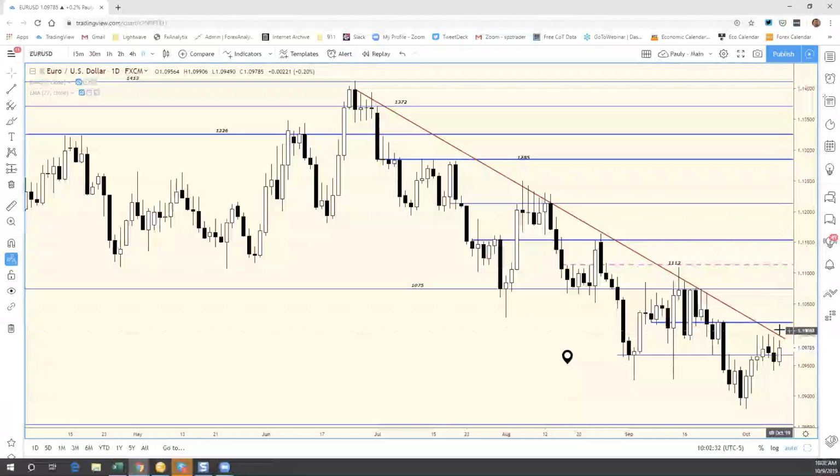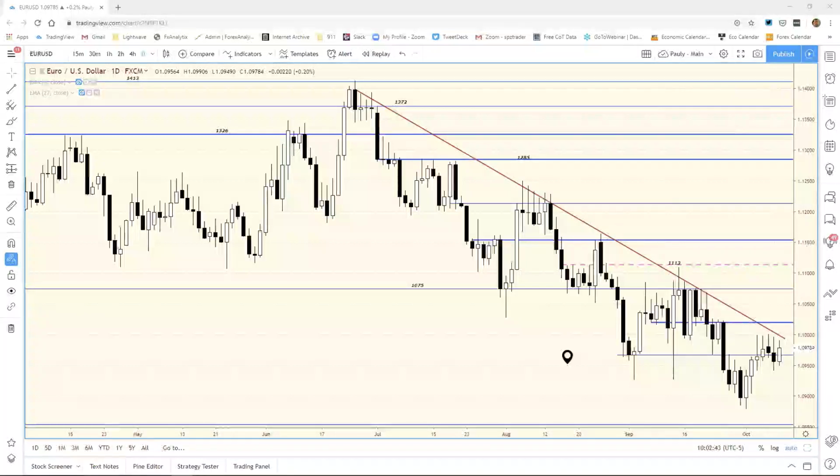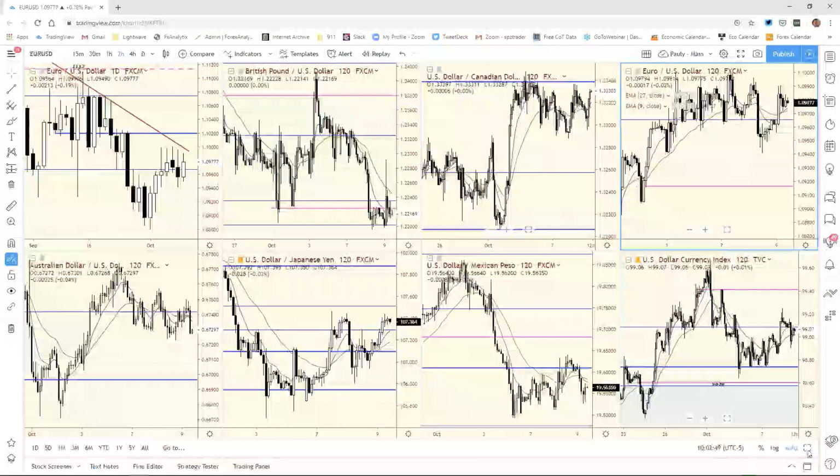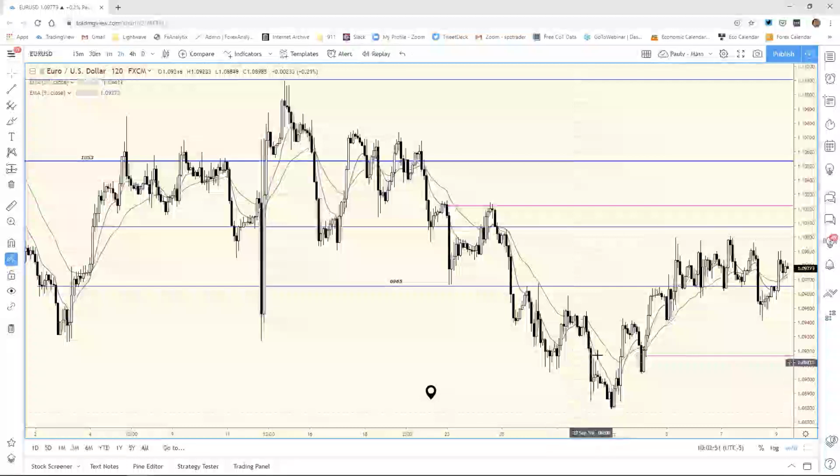Now, I want to touch on a couple of things here. So although yesterday, what we had referenced in the chat room, and we'll go to that, bear with me. Let's take a look at the 2-hour chart. We had referenced in the chat room yesterday, we were looking for some support.